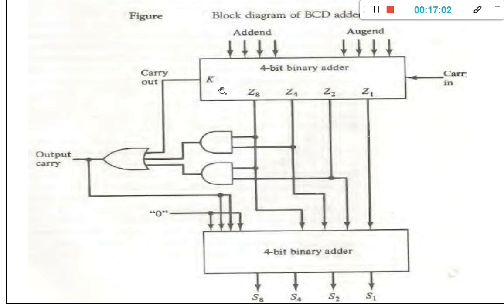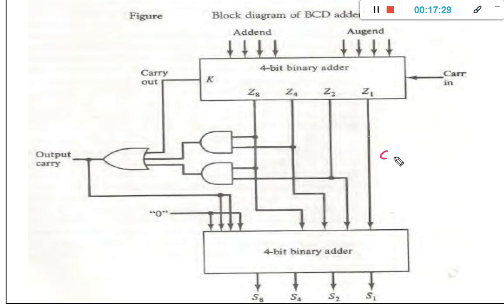However, we need to correct according to the K value as well as the bits in Z8, Z4 and Z2, and determine whether we need to add plus 6 or not.